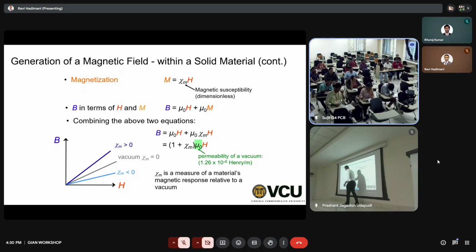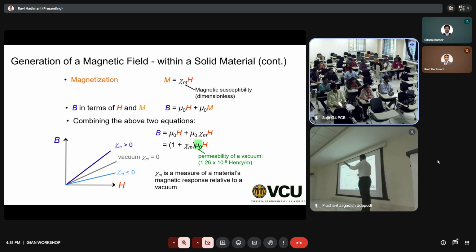This is a good representation, but if you do M versus H for the same materials, what happens is the vacuum will have 0 M, and a negative susceptibility material will show negative M. That means whatever effect you get for ferromagnetic materials, you get opposite effects when you use a diamagnetic material, if you look at magnetization.